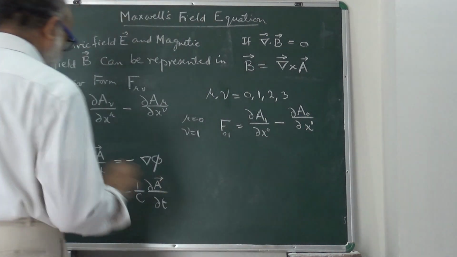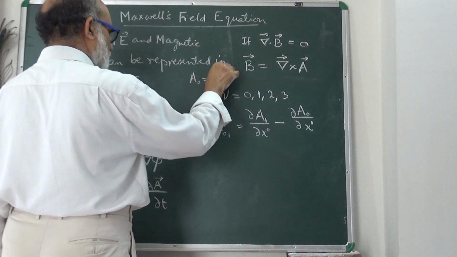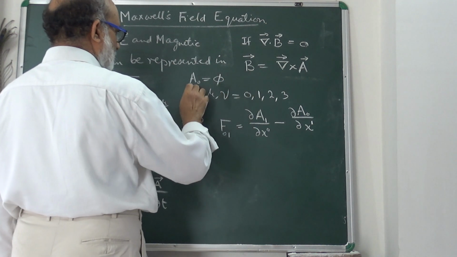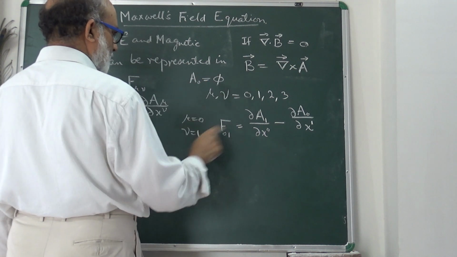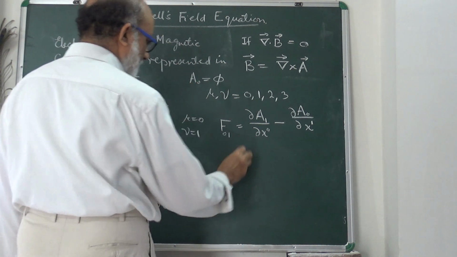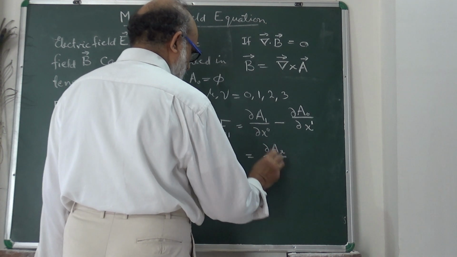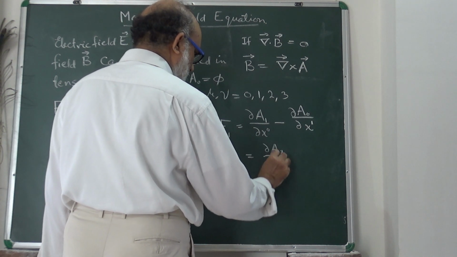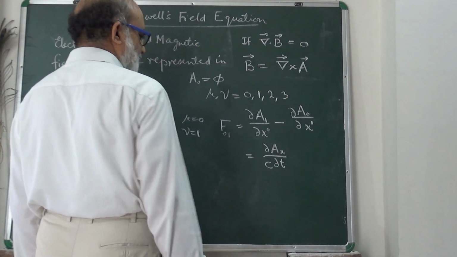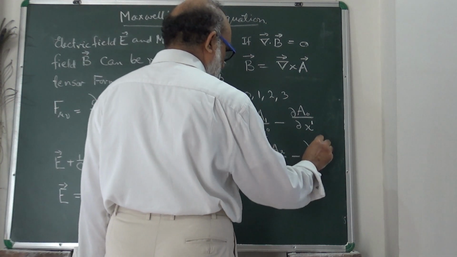Here A0 corresponds to the scalar field, and the rest A1, A2, A3 will correspond to the x component, y component, z component. This means delta Ax by C delta t, the time part, minus delta A0, delta phi.